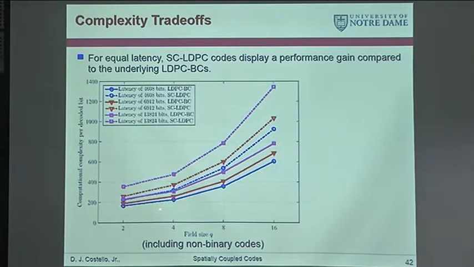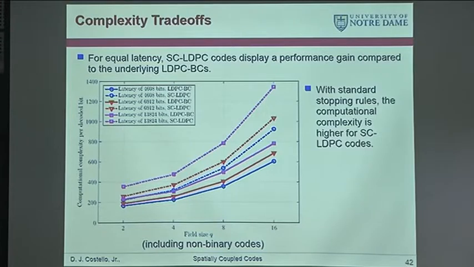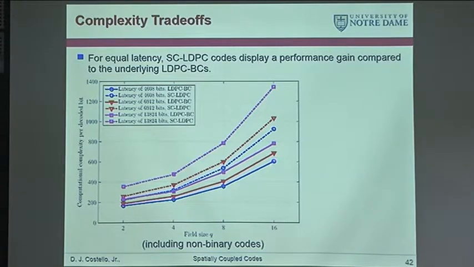This is the normalized complexity per decoded bit of the block codes, and this is field size down here. Particularly if you're talking about non-binary codes, you'd better worry about complexity. We can see that the complexity is in all cases getting higher as we increase the field size. But the spatially coupled code complexity is somewhat higher, maybe a factor of 50% higher or so, than the corresponding block code.